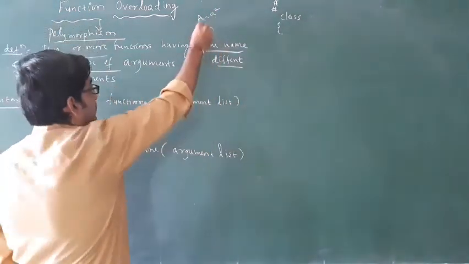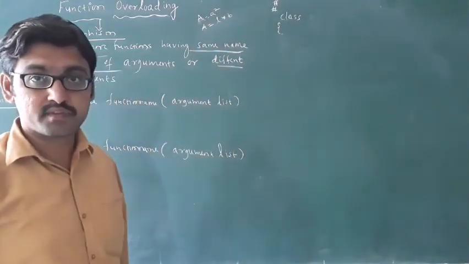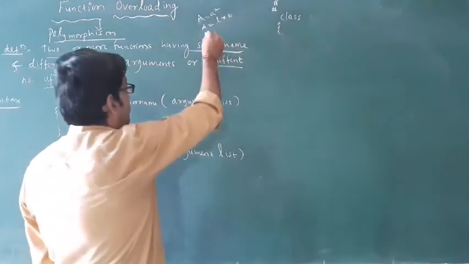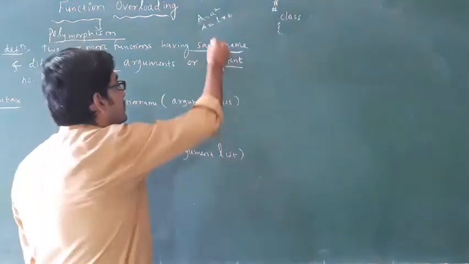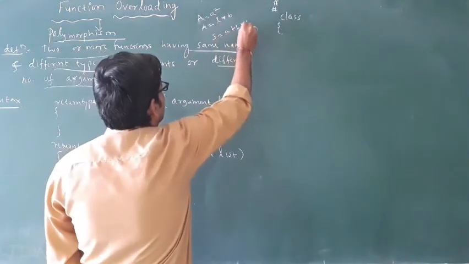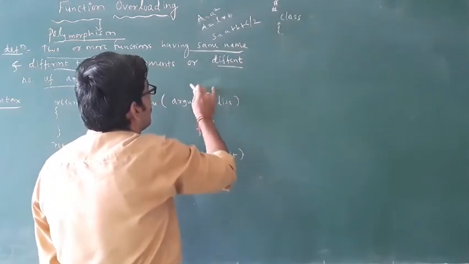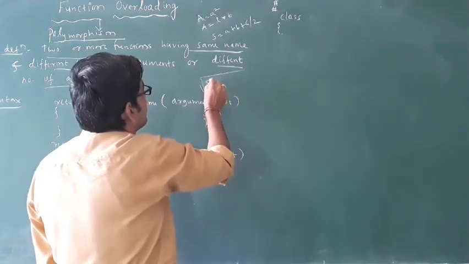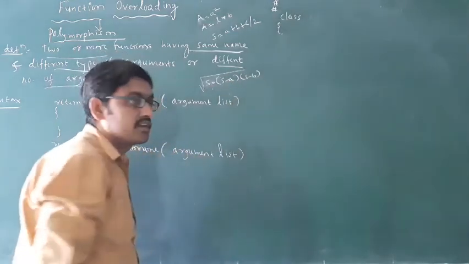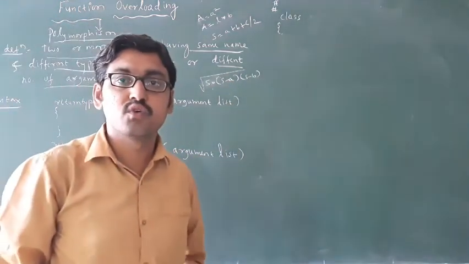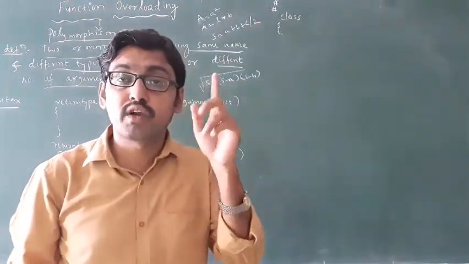The area of a rectangle is L star B, L into B. Then the formula for a triangle when 3 sides are given: S equal to a plus b plus c by 2, then square root of s star s minus a star s minus b star s minus c. You know these formulas already. How to apply function overloading, how to write these types of programs.